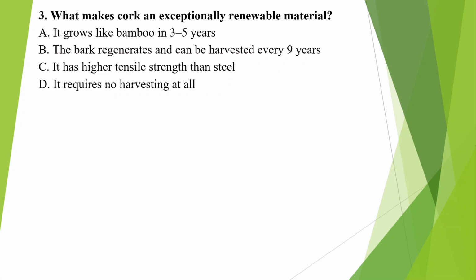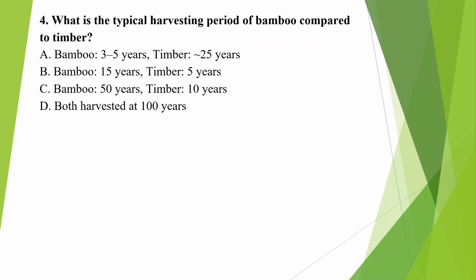All of you are absolutely correct for question number 3, where it has been clearly mentioned that the bark regenerates and can be harvested every 9 years. And this makes cork an exceptionally renewable material. Fine. So let's move to the next question then, since all of you are correct.